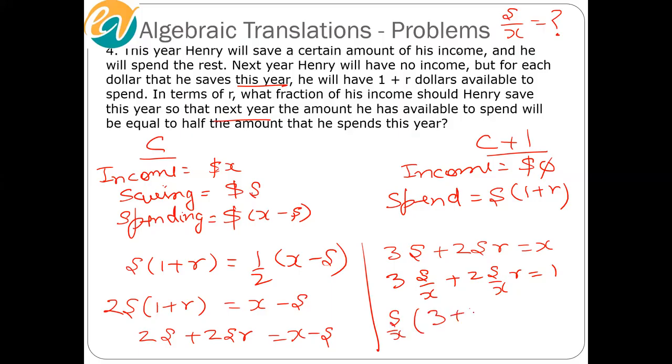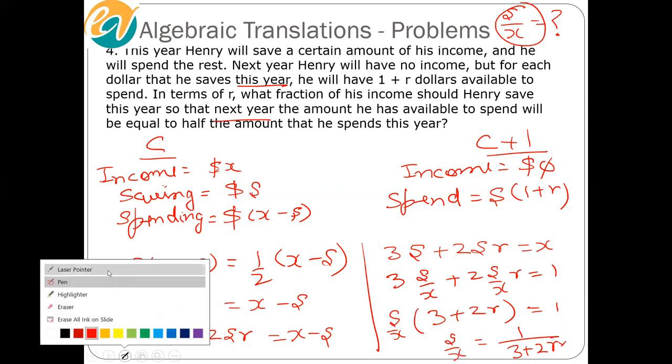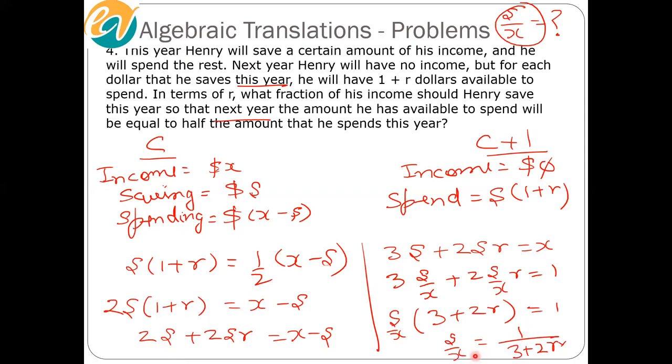S by X times 3 plus 2R is equal to 1. So what is the value of S by X, guys? 1 divided by 3 plus 2R. That's the answer. S by X is what we had to find out, and by manipulating the equation, this is what we have come up with. S by X is equal to 1 divided by 3 plus 2R.